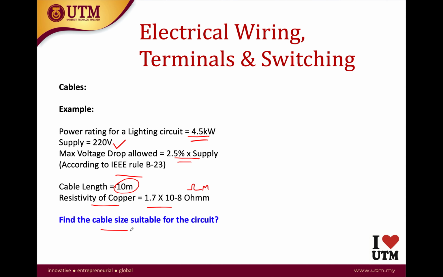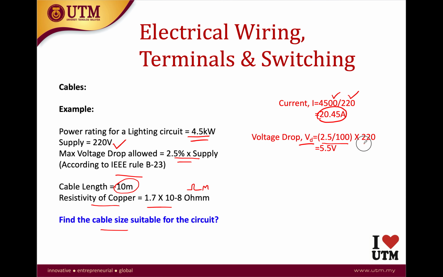First, we determine the current that is drawn. Using the power rating and the voltage supply, we can calculate the current being drawn through the cable. Then we determine the allowed voltage drop, which is 2.5% of the voltage supply, giving us 5.5 volts.